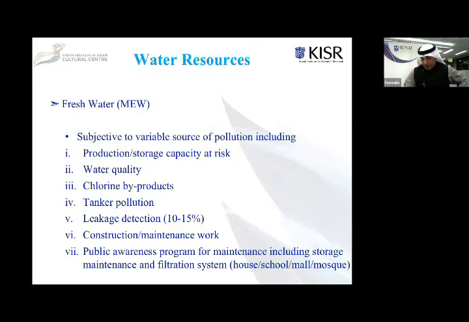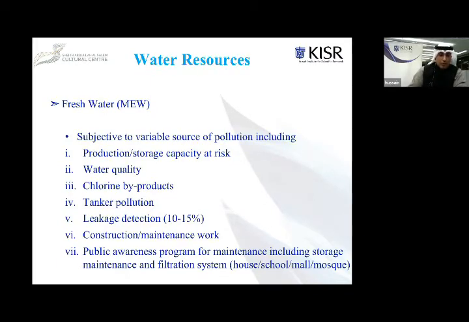Now, the fresh water, as we discussed with the groundwater that is subjected to different types of pollutants, is also subjected to different types of pollutants. For example, as I said, the protection and the storage capacity are at risk. If we are producing less than what we are consuming, without enough storage tanks to be used in emergency cases, that will be a risk.